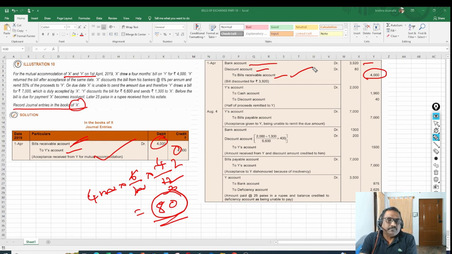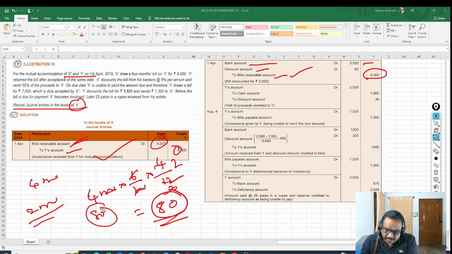Then what happened? X paid 50% of the proceeds to Y. 50% of 4,000 is how much? 2,000. He paid 2,000 rupees, but he cannot pay 2,000 rupees cash to him. Why? Because he has a discount of 80 rupees. When he is sharing 50% of the proceeds with Y, he has to share the discount also with him. 50% of the discount is how much? 40. So how much would he have paid? 1,960 rupees he paid, and he recovered 40 rupees of discount from him.